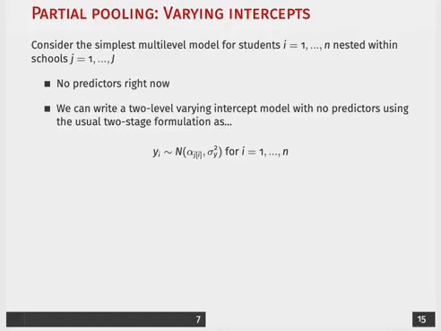So we're going to write this in the exact same way that we did before. The only difference is now you can see that the conditional mean here is actually alpha j sub i. So that means that we have to go up to the next level here, and we will again have varying intercepts alpha j that have a mean and their own variance here.